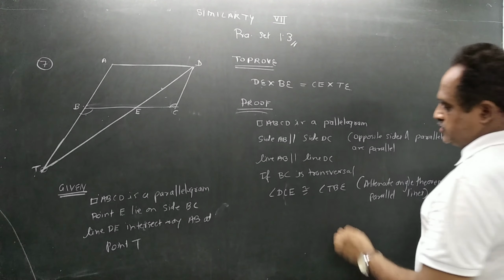As well as they have given AP upon CP is equal to BP upon DP, and they are asked to prove triangle ABP is similar to triangle CDP.